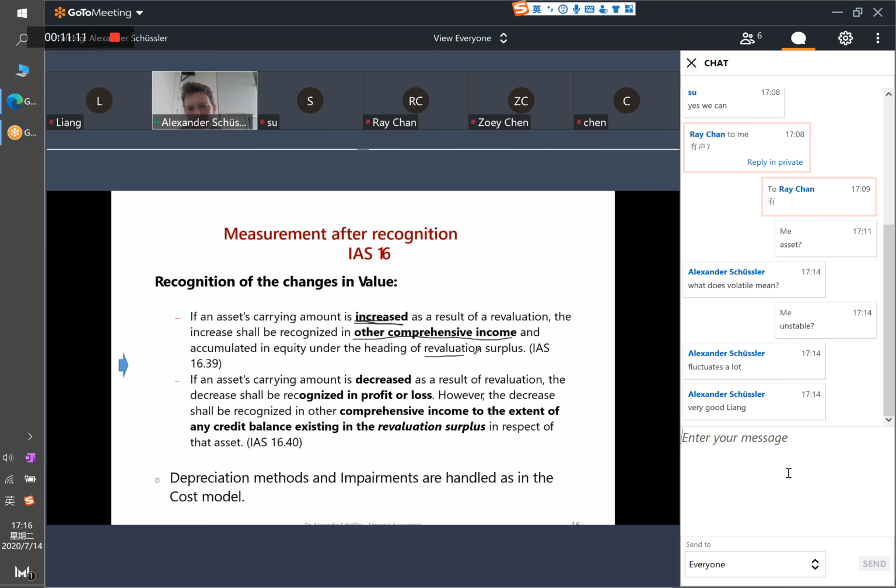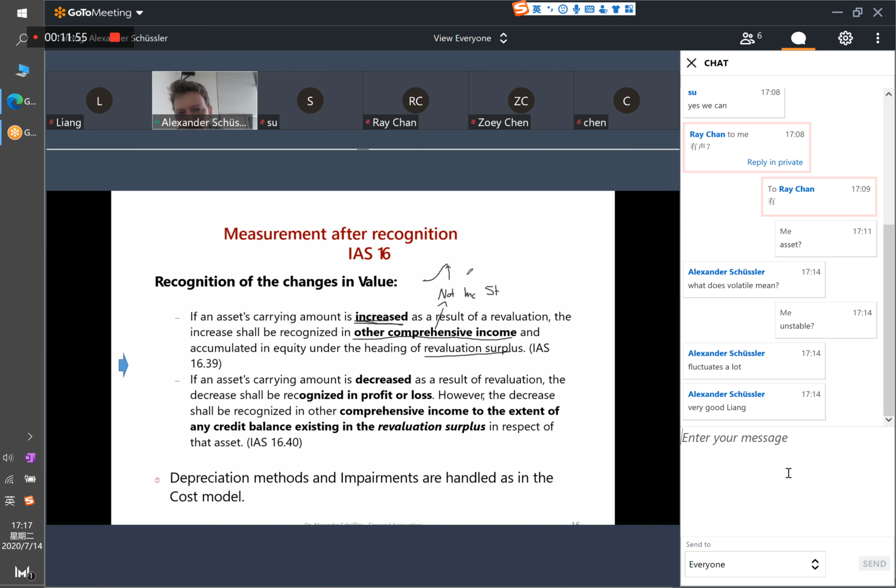So essentially, if you have an asset at cost, and the asset increases in price, then this increase doesn't go into the profit and loss. It doesn't go into the income statement. It goes into other comprehensive income, which means not the income statement.